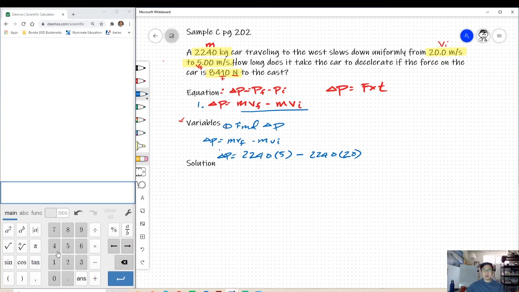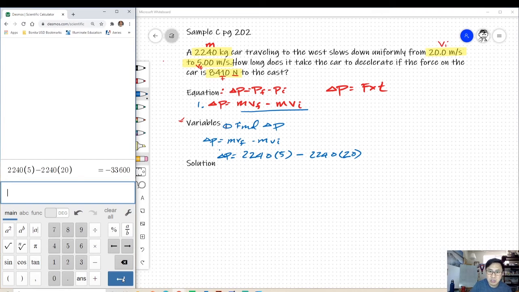Great thing about your calculators is that you can do this all in one step. 2240, I'm going to do parentheses just in case. Parentheses 5, close parentheses, minus 2240, parentheses 20, close parentheses, and there you go.